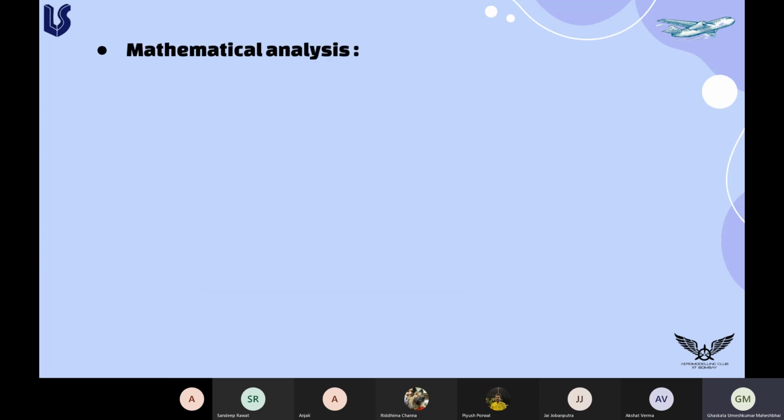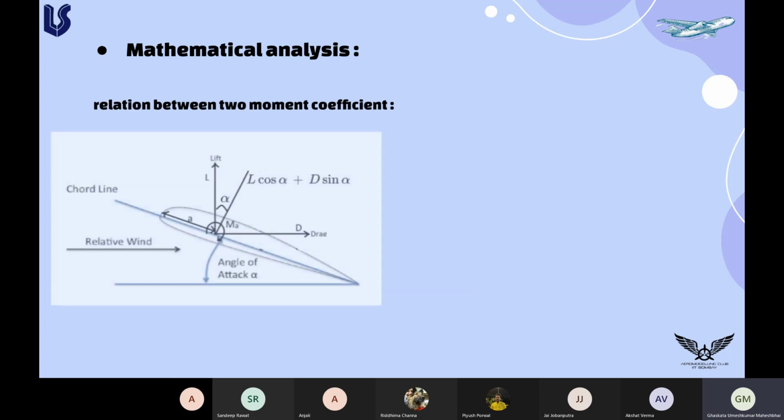Now we are going to do some mathematical derivation for finding the position of the center of pressure and aerodynamic center. So let's find the relation between the two moment coefficients. The first moment coefficient is Ma, where a is the distance of this point from the leading edge.